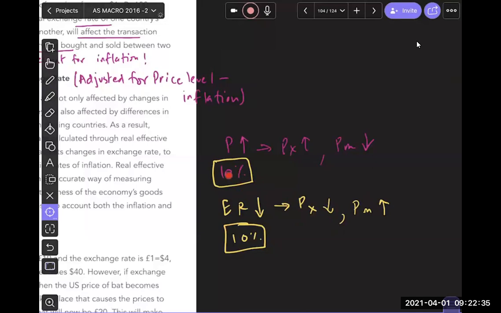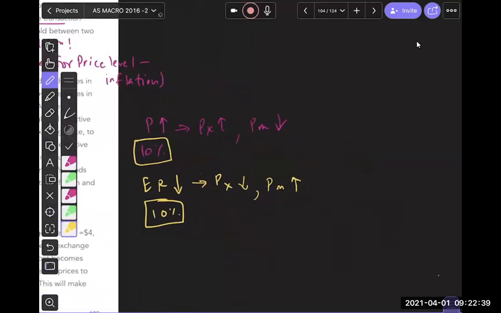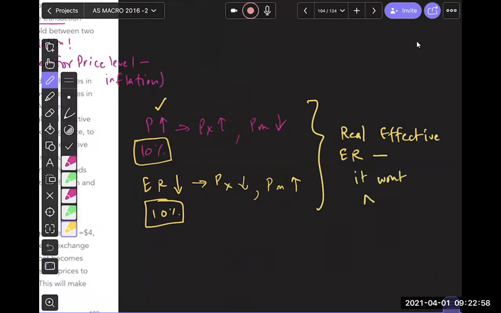And because they are of the same magnitude, if somebody asks you what happens to your real effective exchange rate, which takes out the price change, the answer is that it won't change.